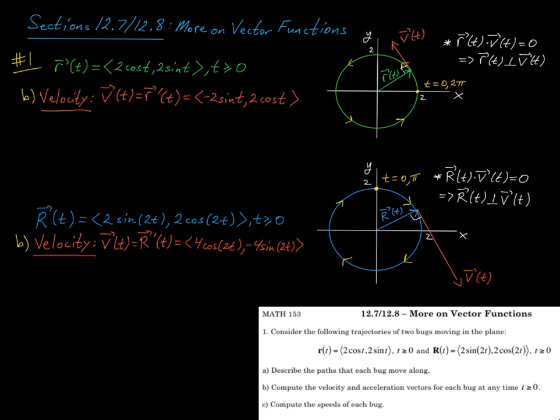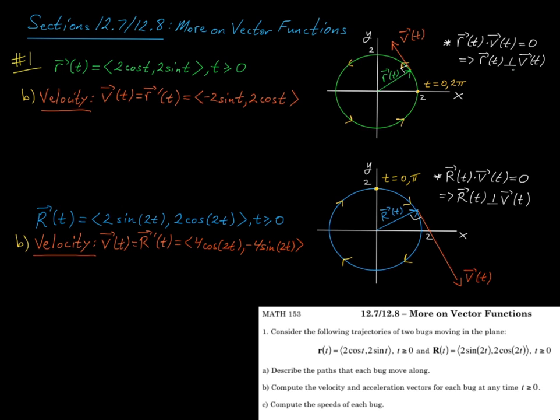So the velocity vector here points in this direction you see here, sort of this northwesterly direction. Now also note that since we are moving along a circle, there is a fact from geometry that says that a tangent to a circle will be perpendicular to the radial line that passes through the point of tangency.